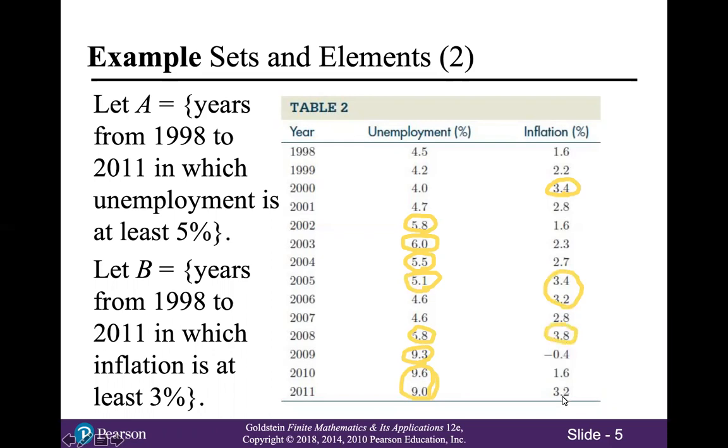Now, I want to be very clear. These numbers are not going to be the elements of A and B, but rather the years in which those occur. So I'm going to use red to mark off the years that belong to set A: 2002, 2003, 2004, 2005, and then 2008 through 2011.